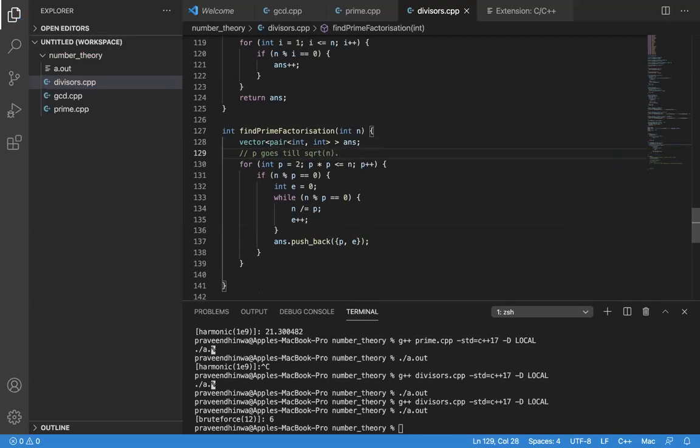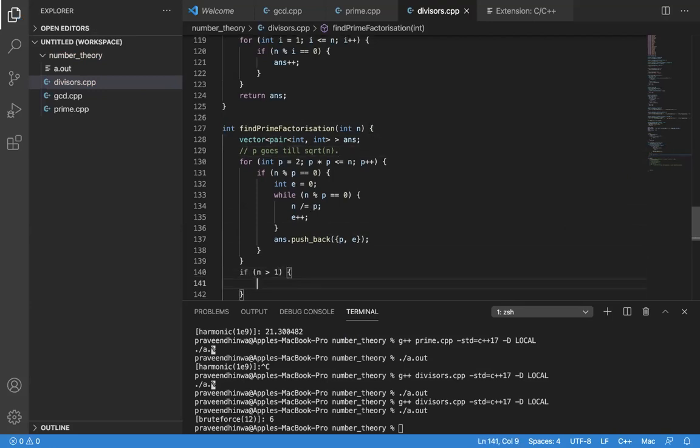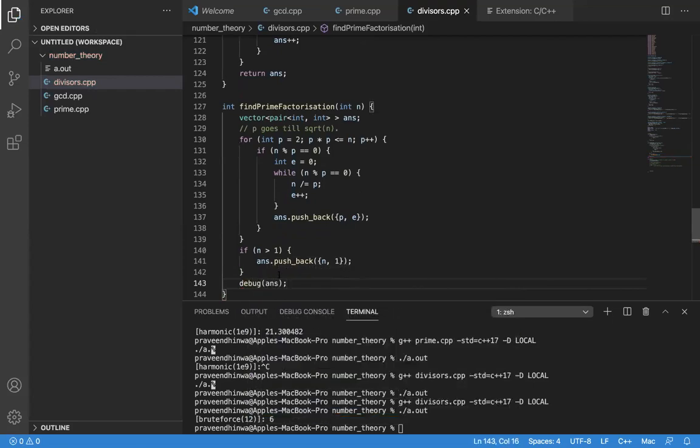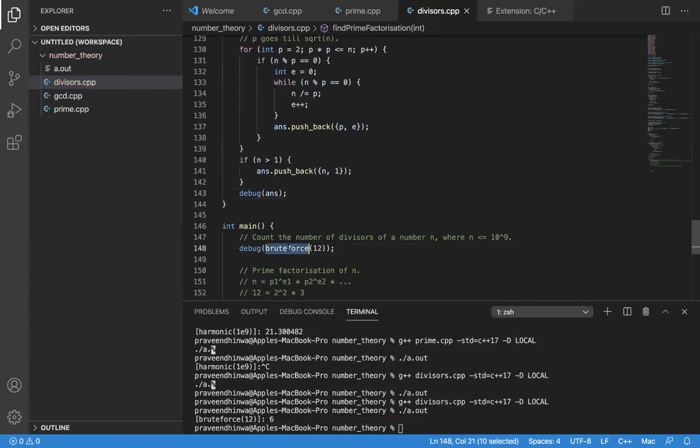What if, in the end, n is greater than 1? It means that n is also a prime divisor. So answer dot push_back n comma 1. This may not be clear at first. We will just try running this program and we will see.